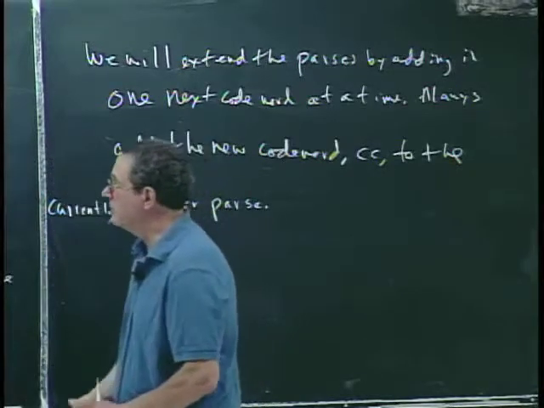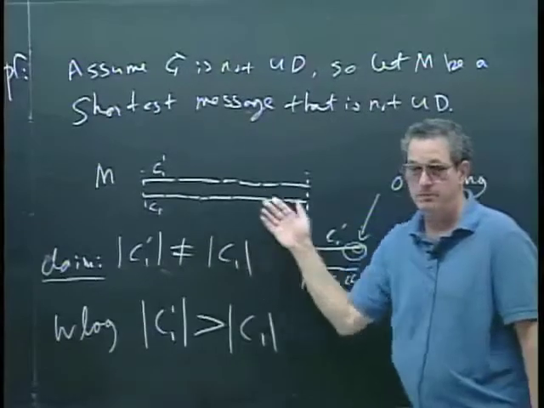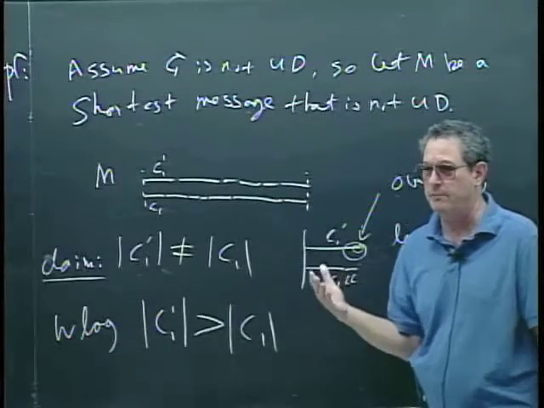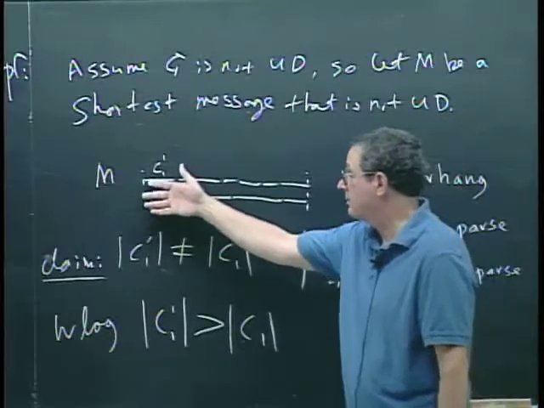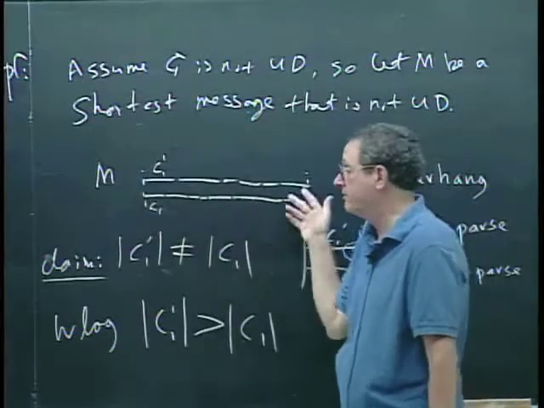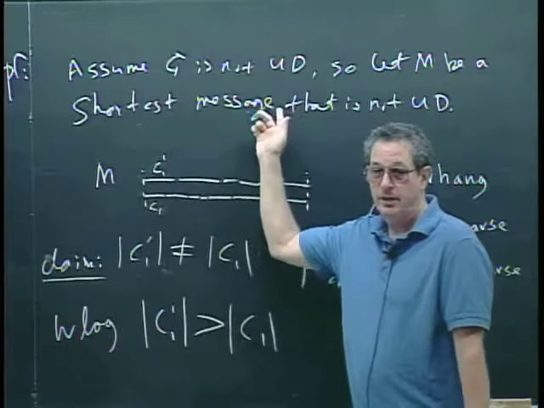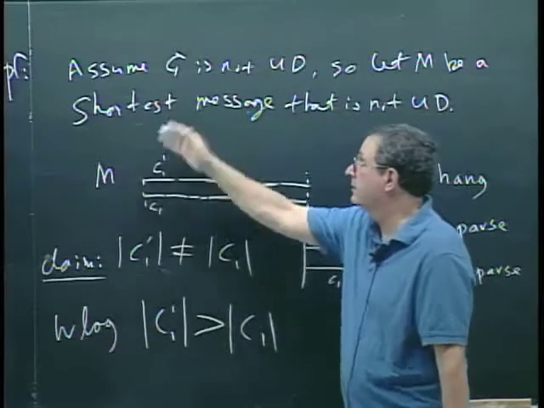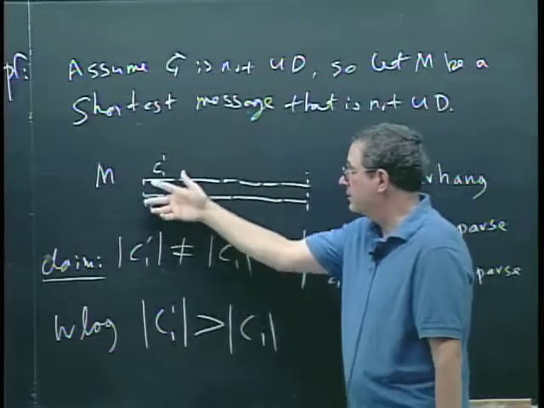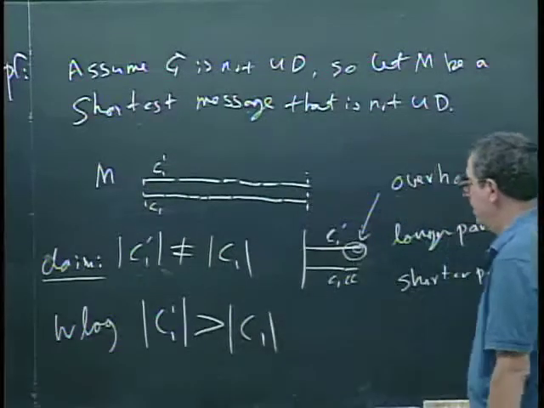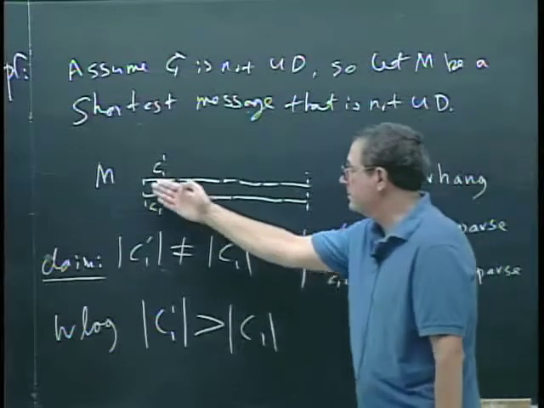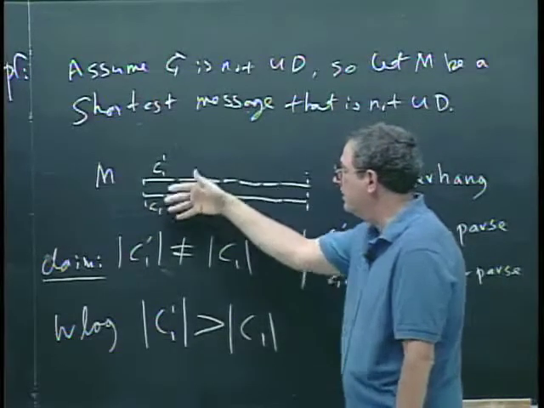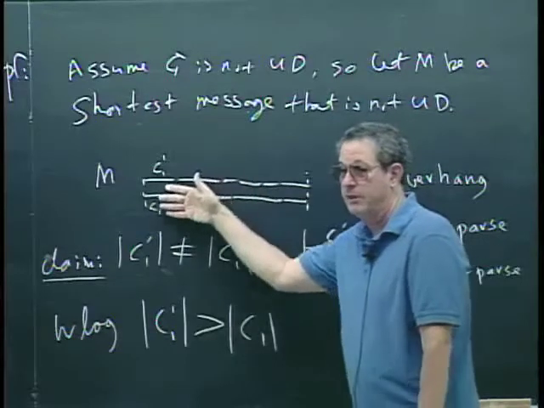Okay, so let me remind you, there exist two parses. You may wonder, what are these code words that we're adding in? Where do they come from? They come from the existing parses. There are two parses of M. That's what we started with. M is not uniquely decipherable because C is not uniquely decipherable. So there are these two parses. And so we're just going to look at them one new code word at a time, sort of fleshing them out and moving left to right.